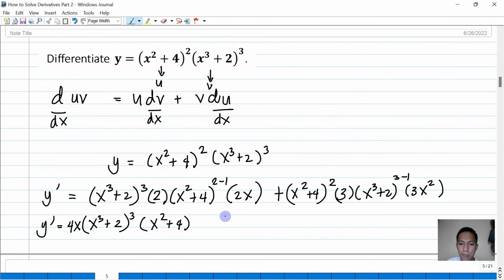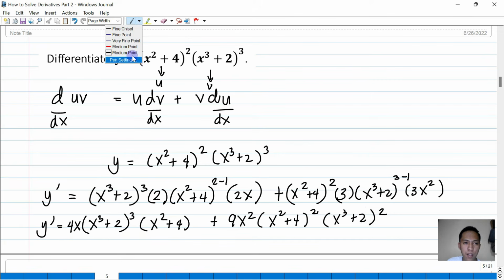So that is just 1. So plus, we have here 3 times 3x squared. So that is 9x squared times (x squared plus 4) squared. We have this. And we have this another expression here. So that is (x cubed plus 2) squared. So basically, this is now the simplified expression of y prime.